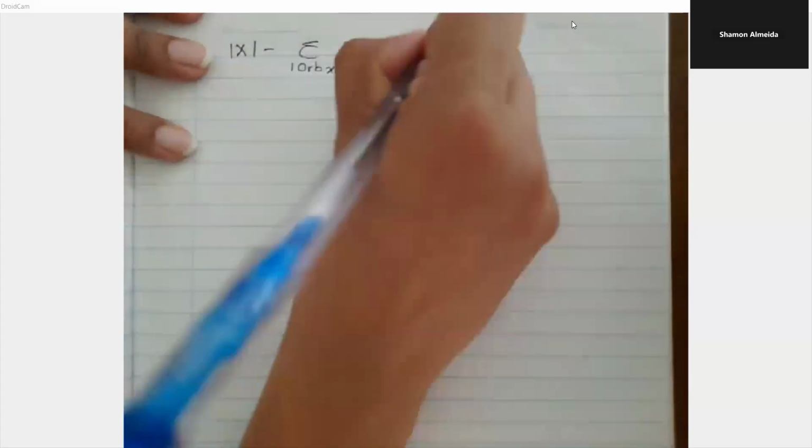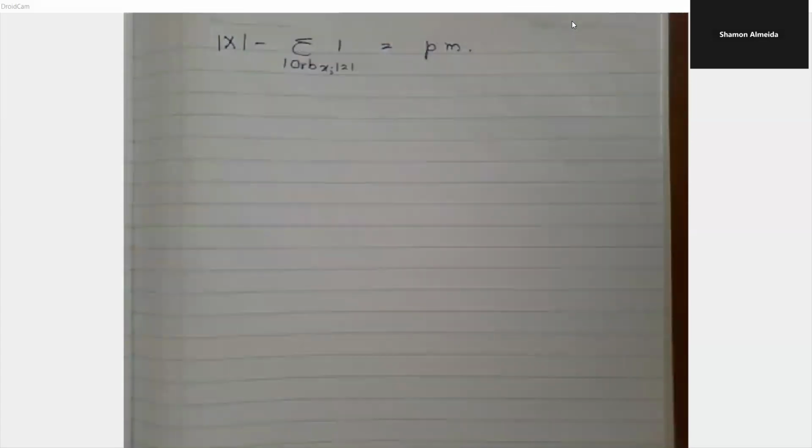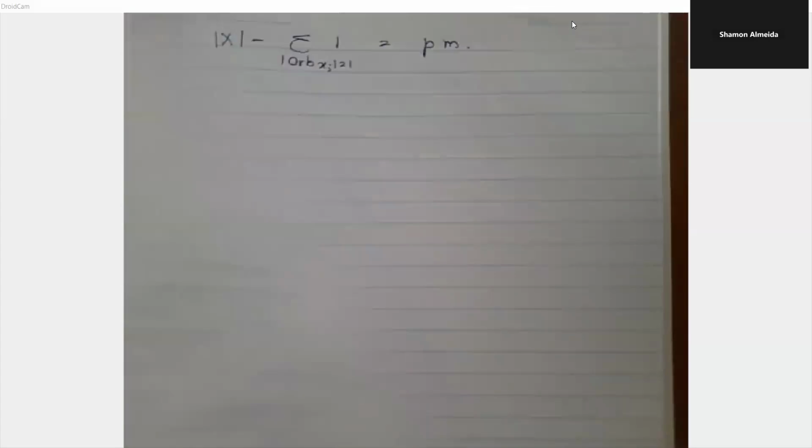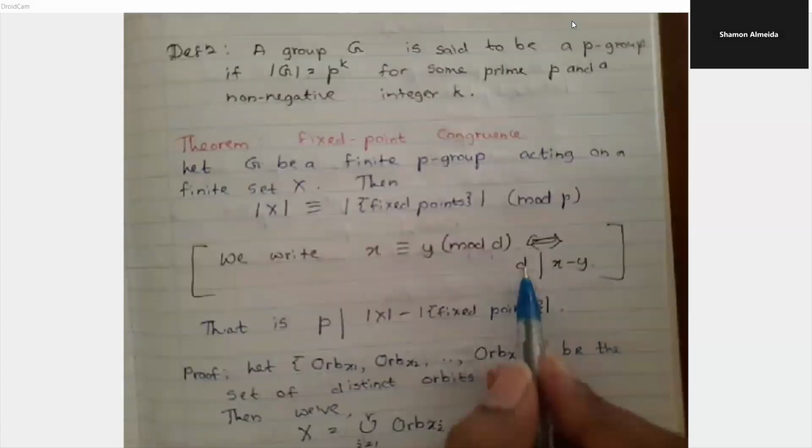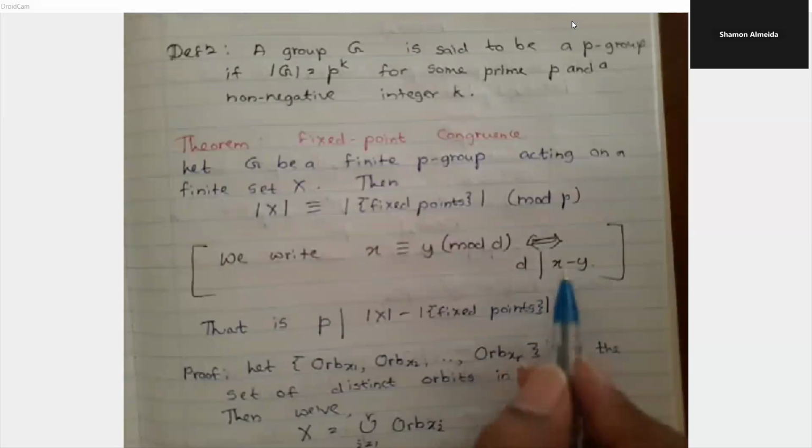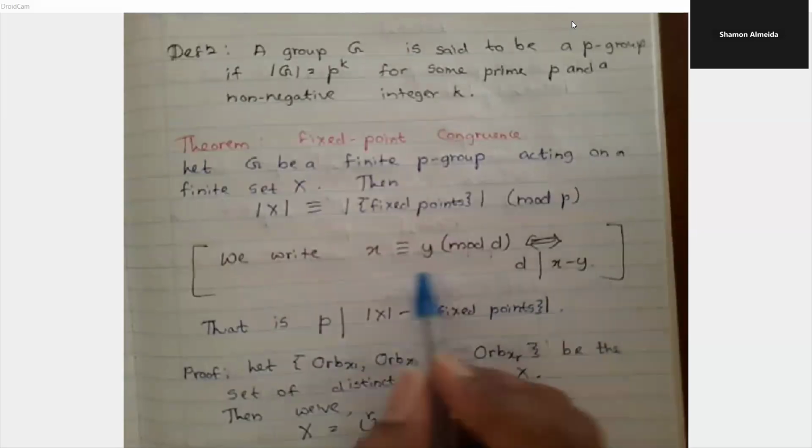What we are actually doing is bringing this summation to the other side. Okay? This is equal to p times n. So what you see on the left is a multiple of p. That means this quantity is divisible by p. If you go back to the definition with respect to congruences, if d divides the difference x minus y, that means x is congruent to y modulo d.